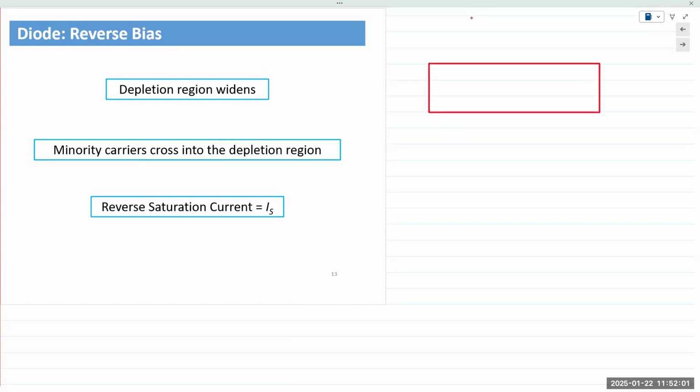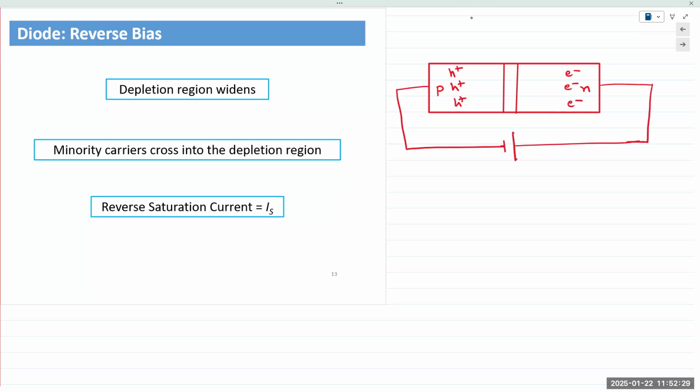This is a depletion region that exists because of the doping. This is the p-type material. This is the n-type material. The excess of positive charges here, excess of electrons here. And then we are applying negative to the p-type and positive to the n-type.